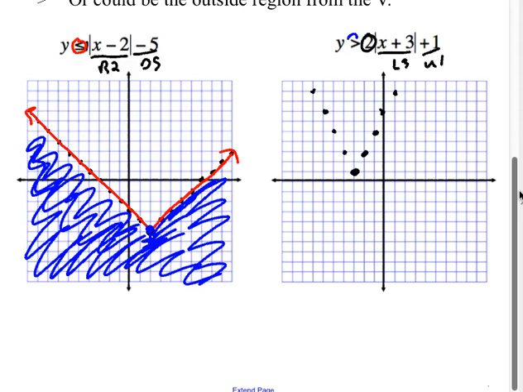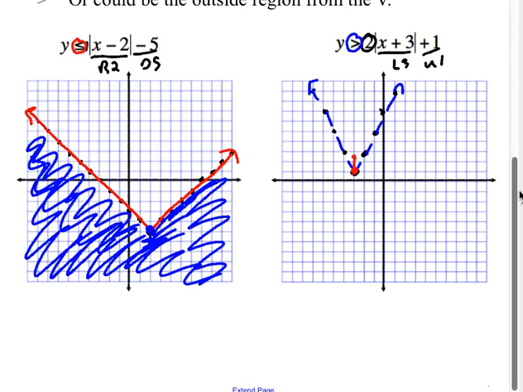And now I interpret my inequality. This is strictly greater than, so I'm going to make dashed lines, again because it is strictly greater than. Greater than means start at your vertex.